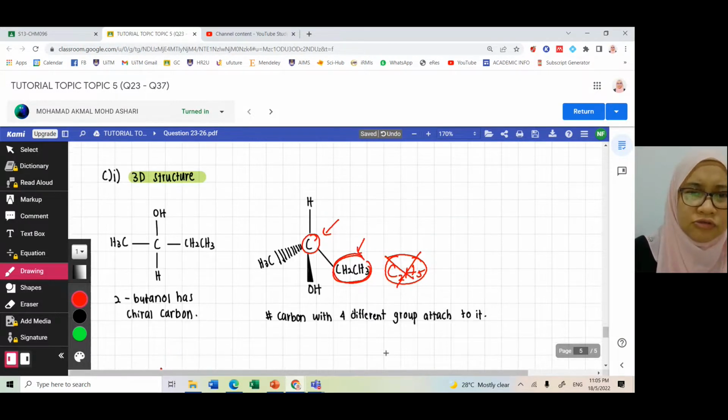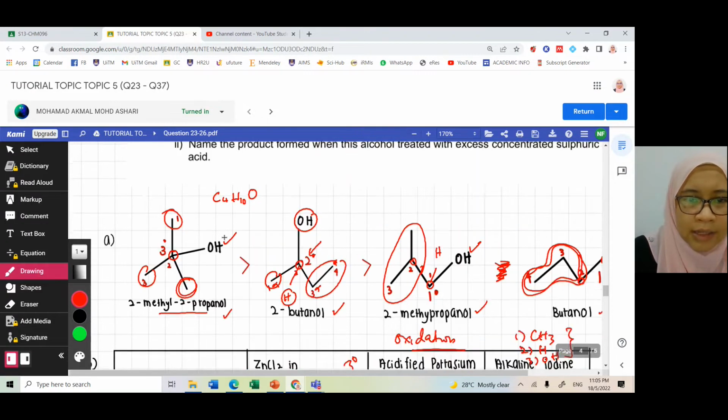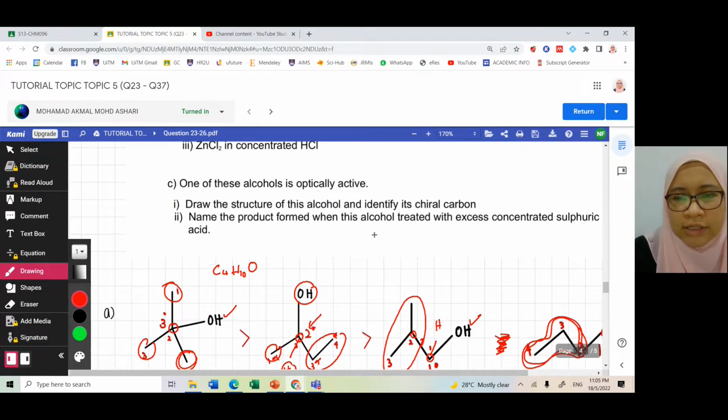Okay. Alright. Then number 2 ada lagi soalan. Last, name the product formed when this alcohol is treated with excess concentrated sulfuric acid. Okay, when we treat alcohol with concentrated sulfuric acid, this reaction is known as dehydration lah kan.